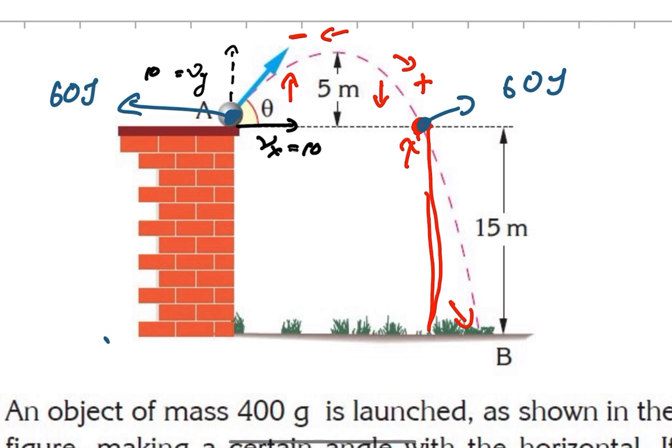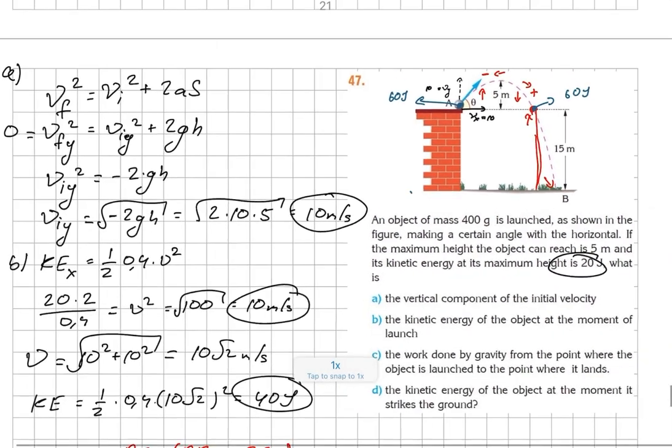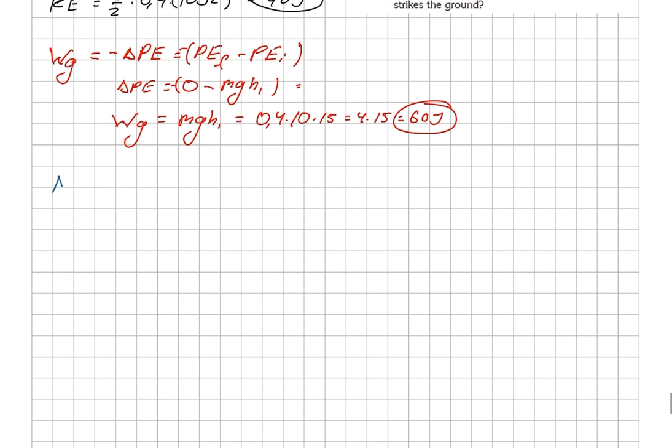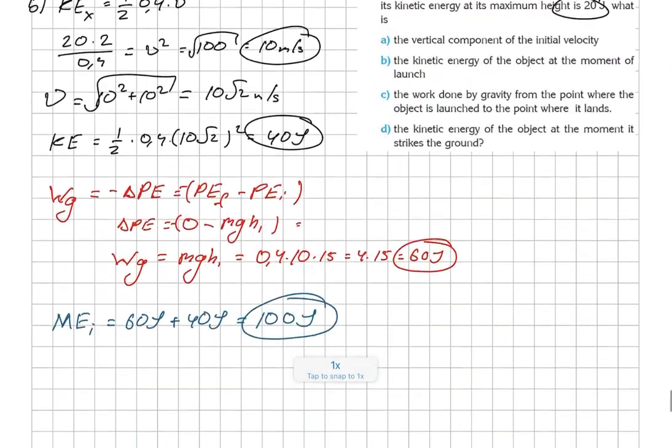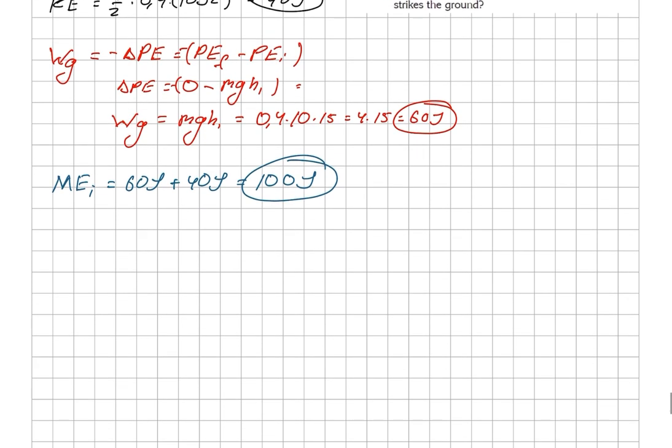So initially, the mechanical energy of the object was 60 joules of potential energy plus 40 joules of kinetic energy, which in sum makes 100 joules. But when it reaches the bottom, all that energy converts into kinetic energy. So the final mechanical energy is kinetic energy, which is 100 joules, because it is conserved.